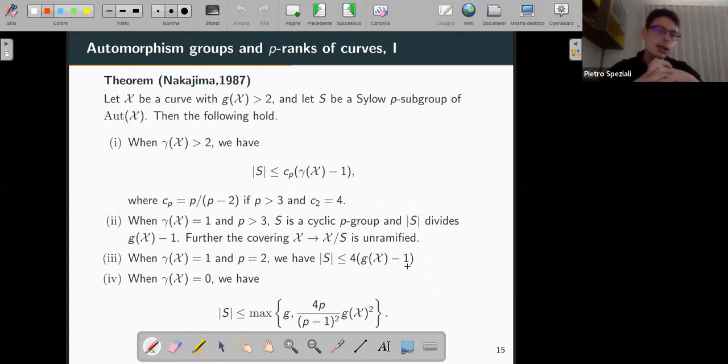If we take a curve defined over an algebraically closed field of characteristic p, of genus bigger than 2, and take a Sylow p-subgroup of the automorphism group, how is it related to the p-rank? If a curve has p-rank bigger than 2, then a Sylow p-subgroup is upper bounded by a linear function in the p-rank. This constant c_p is p over p minus 2 when p is greater than 2.